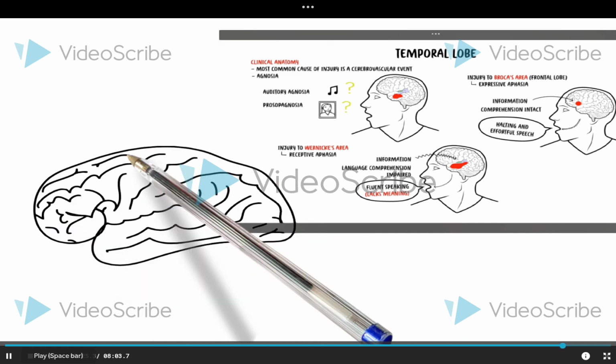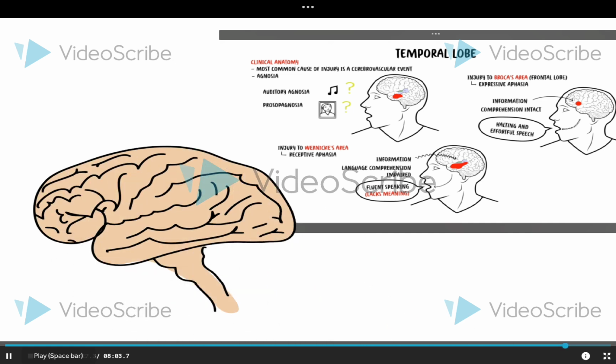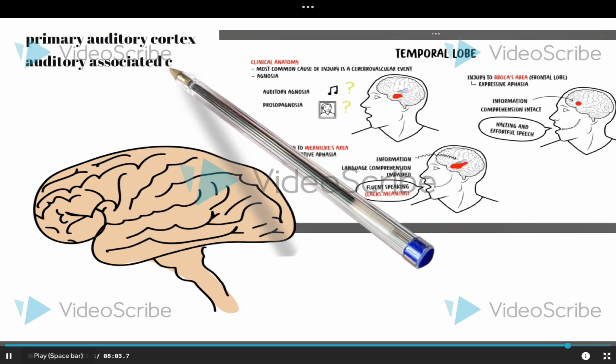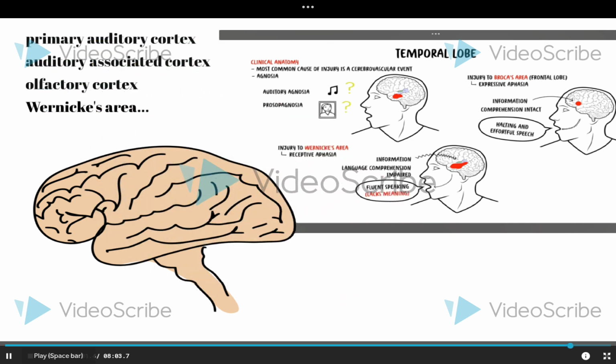The primary olfactory cortex is for olfaction, smell analysis, and we have Wernicke's area, involved in the comprehension of written and spoken language, which is located mainly in the dominant left hemisphere of the temporal lobe.